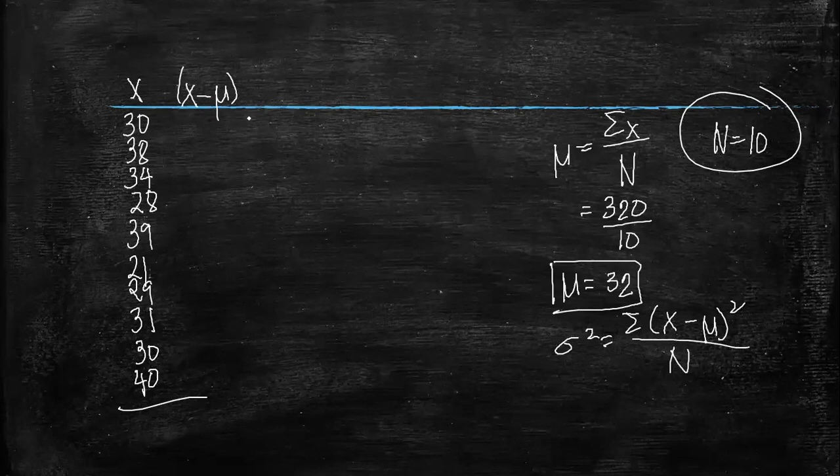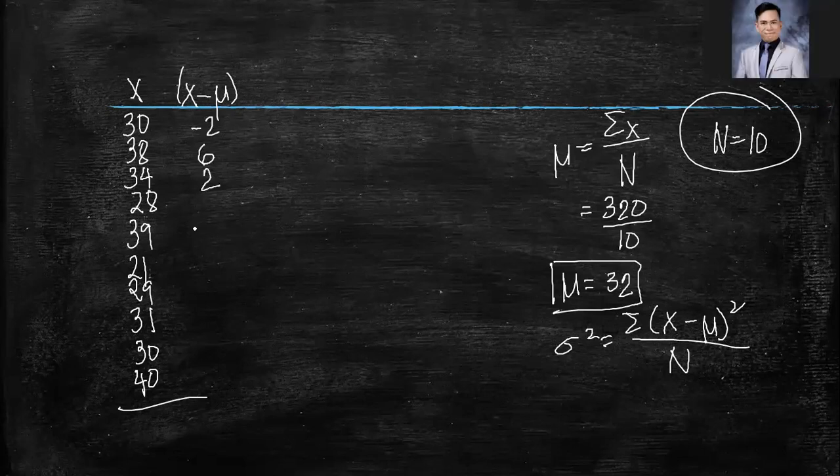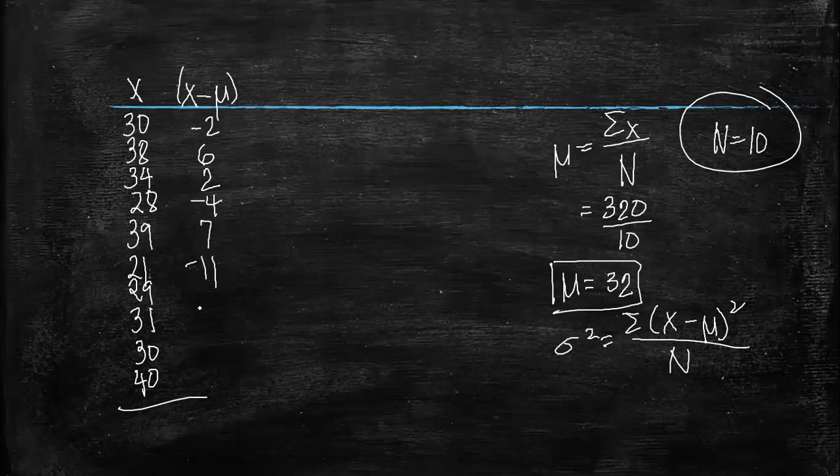So find first the x minus mu. Our mu is 32. So 30 minus 32, that's negative 2. 38 minus 32, that is 6. 34 minus 32, that is 2, and so on. 28: negative 4, 7, negative 11, negative 3, negative 1, negative 2, and 8.